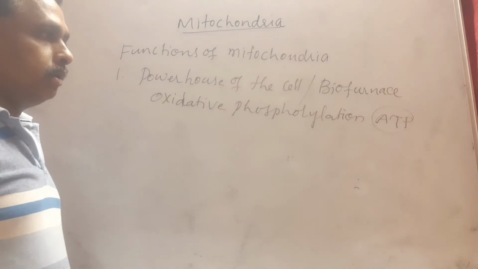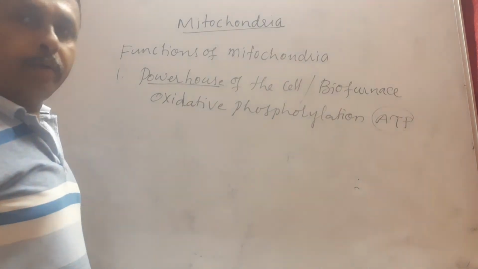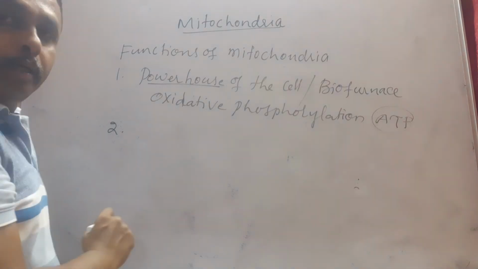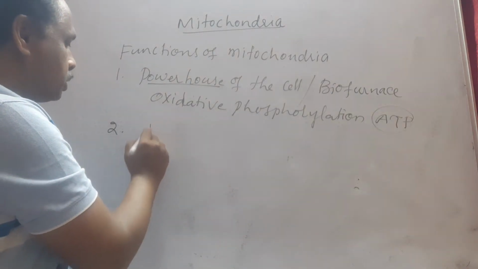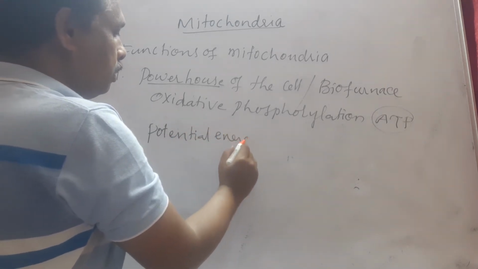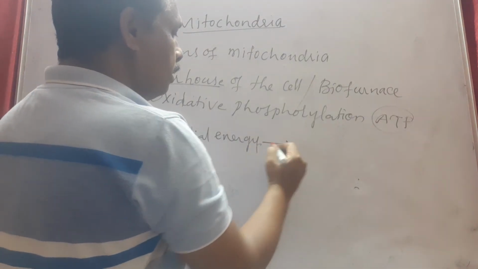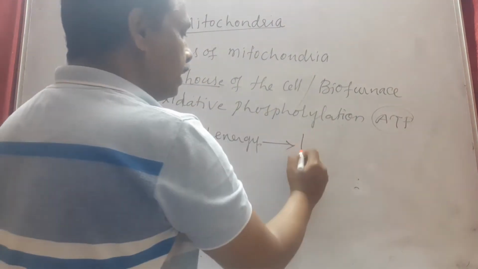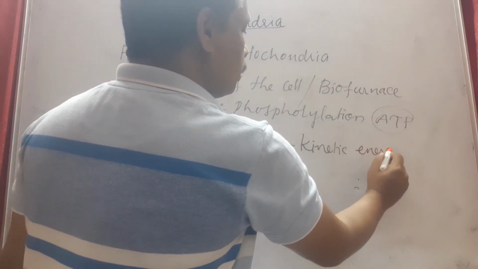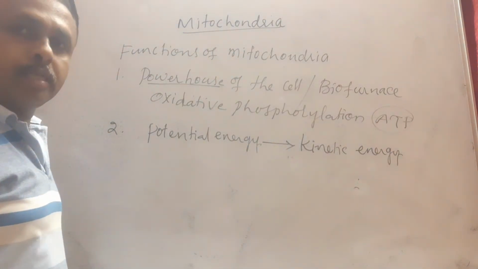Because of this ATP, it is otherwise called the powerhouse of the cell or biofurnace. The second one is the potential energy present in the matrix of mitochondria transforming into kinetic energy in the form of chemical energy, that is ATP.